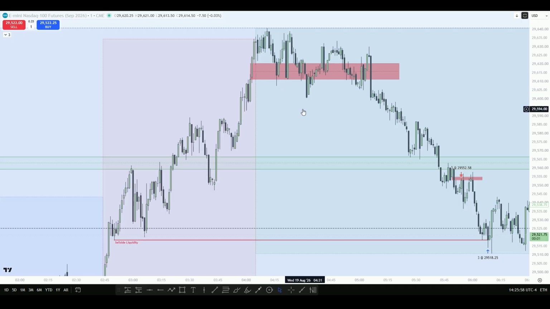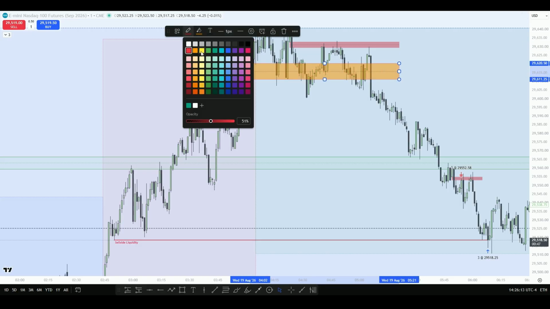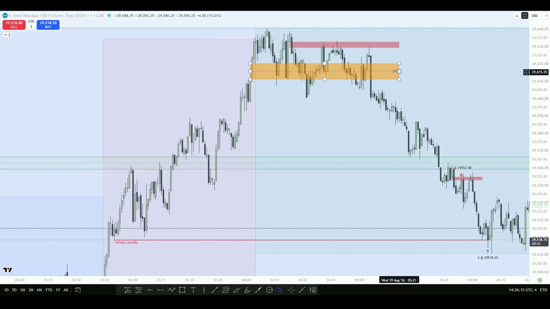Okay, so I'll show you immediately. There are two important CBs. One is here. So this will be an inversion fair value gap, by the way.